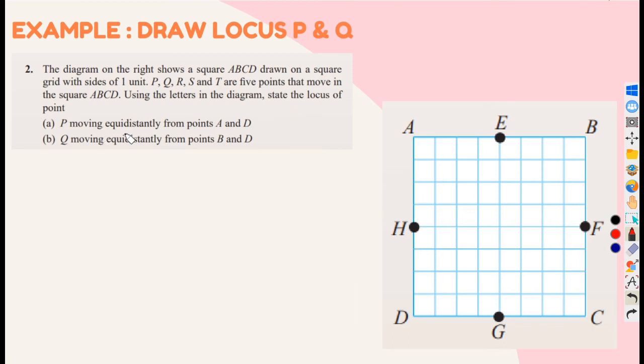P moves equidistantly from point A and point D. So we have 2 points here, point A and point D. So what is P? P is the locus.